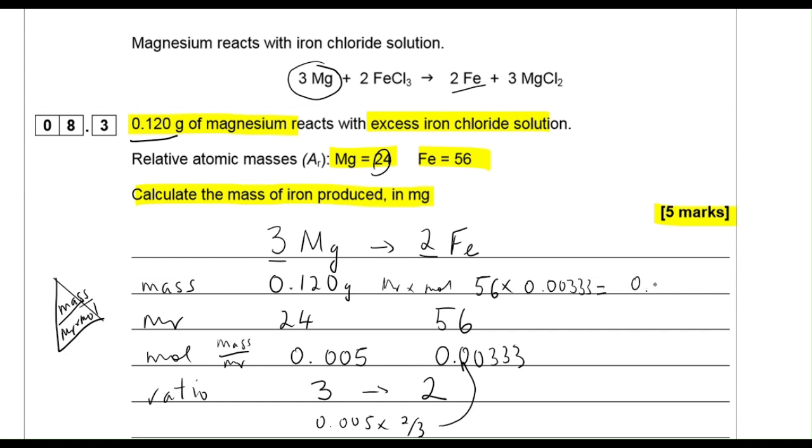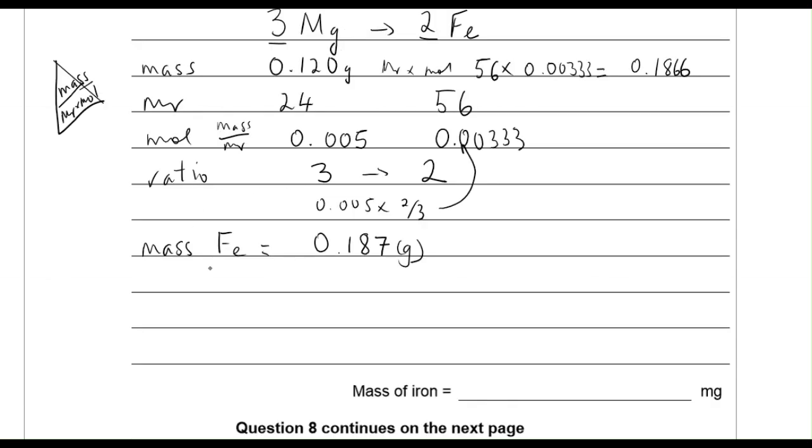Now, if you're looking carefully, that's in grams, and the answer needs to be in milligrams. So to convert from grams to milligrams, we multiply by 1,000, and we need to round this to 3 significant figures. So if we multiply 0.187 by 1,000, we get 187 milligrams.